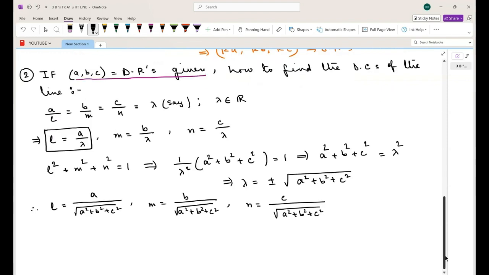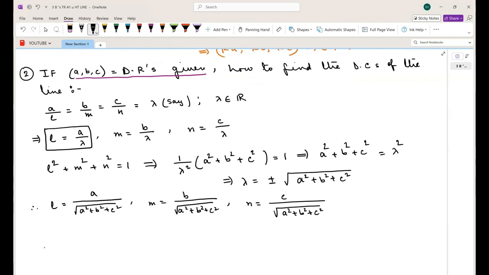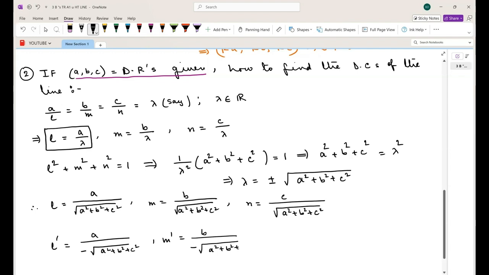So this will be one set of DCs. And the second set of DCs, let us call them L dash, M dash, N dash. So that will be A by, this time, the negative square root of A square plus B square plus C square, M dash, and so on.